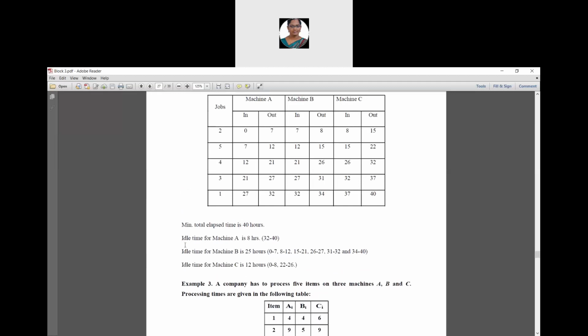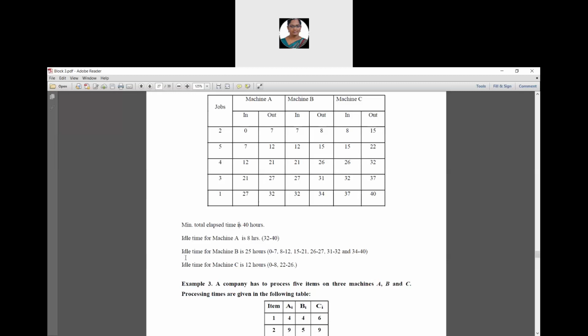Then the idle time for machine A. It is the difference between the minimum total elapsed time and machine A's last out value. So 40 minus 32, it is 8 hours.